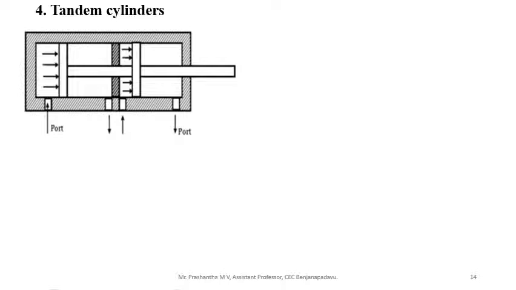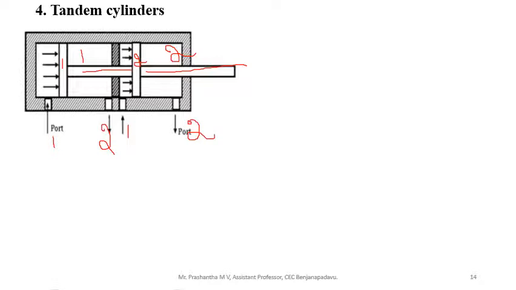You can mention here cylinder number 1, cylinder number 2, piston number 1, piston number 2. Here two pistons are connected to only one common piston rod. Here, this port is inlet and this is outlet for cylinder 1, and this is inlet and this is outlet for cylinder 2.